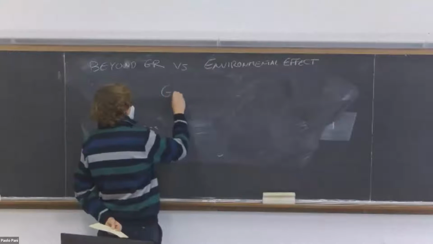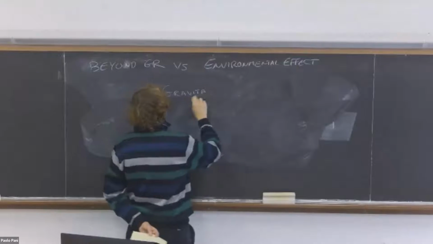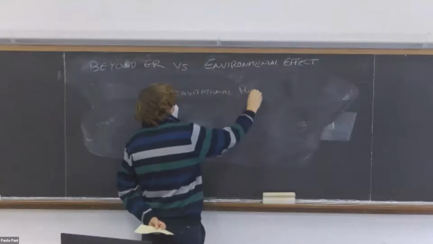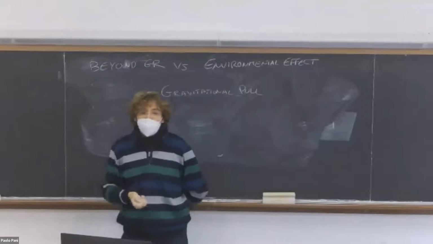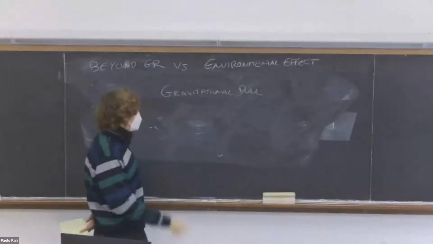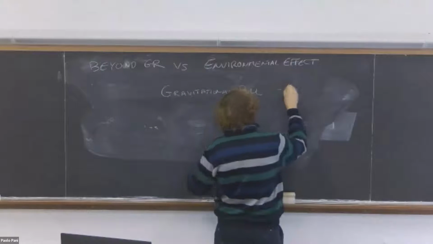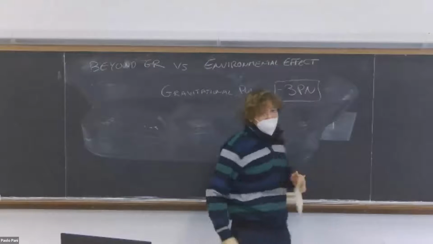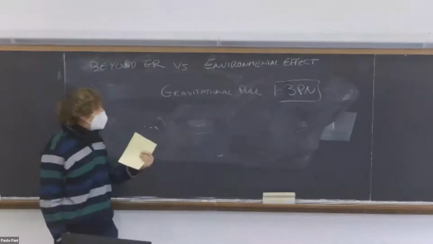A gravitational pull, so essentially just the presence of some matter configuration around the binary that produces a gravitational interaction, is a minus 3 PN effect. I wrote it down here. So it modifies the inspiral waveform that we discussed yesterday at minus 3 PN order.